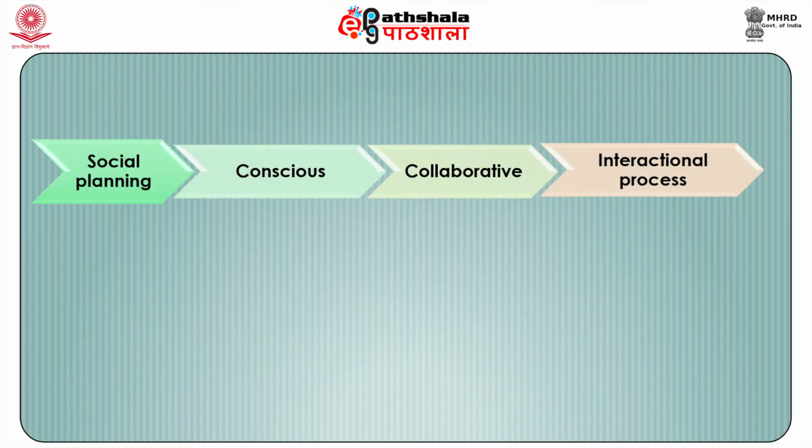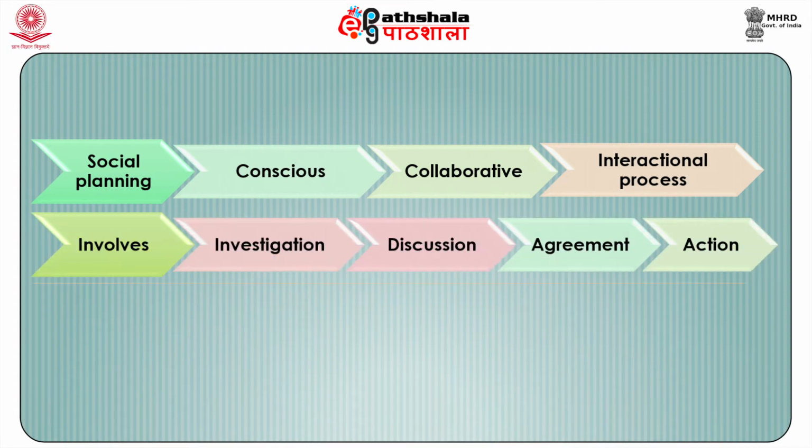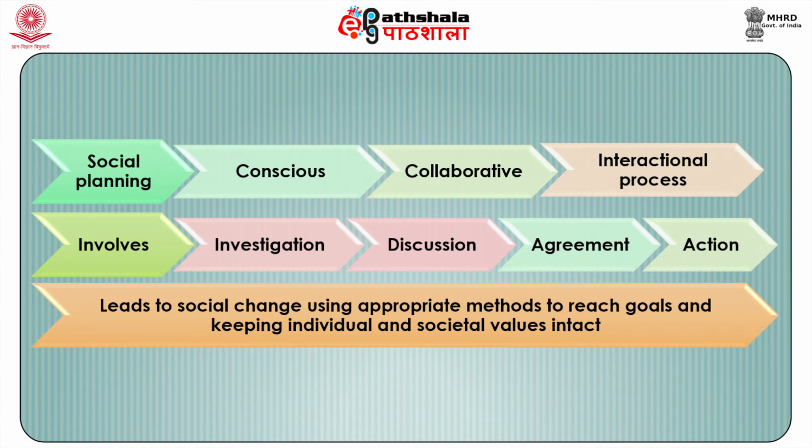Social planning is a conscious, collaborative, interactional process combining investigation, discussion, agreement and action which leads to social change using appropriate methods to reach these goals and keeping individual and societal values intact.